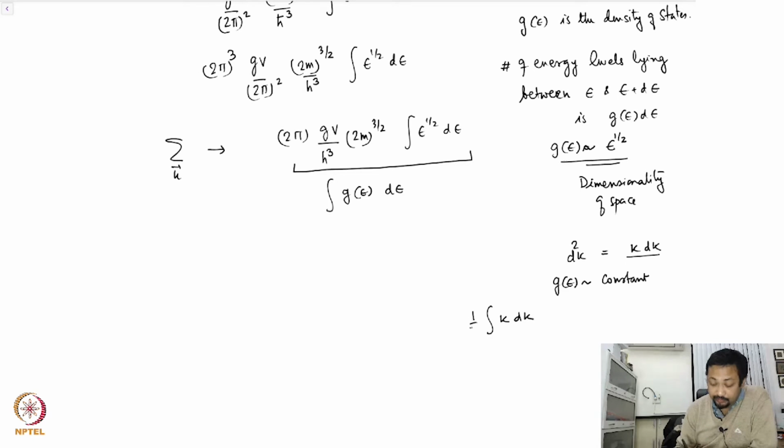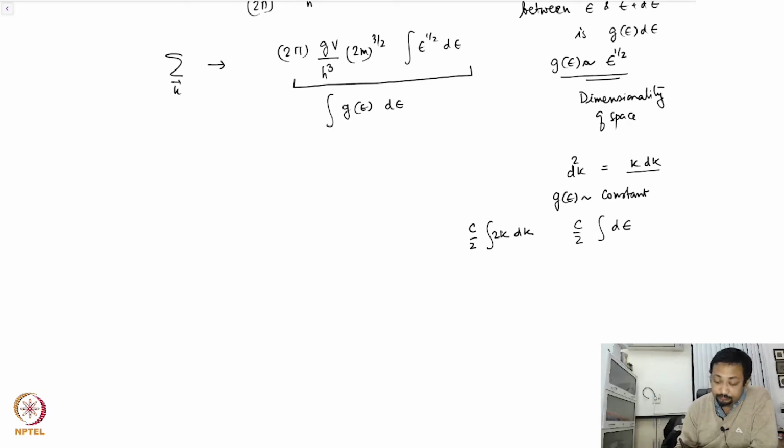You would have k dk, times some constant, let's call it c, which is nothing but c by 2 times 2k dk, and this is d epsilon, and therefore it follows that g epsilon is going to be constant. Whether you're looking at a free particle gas, fermionic or bosonic, the density of states is constant in 2D.